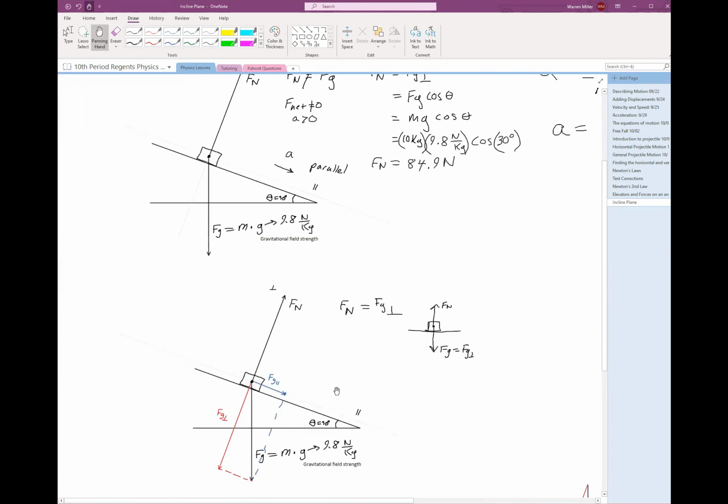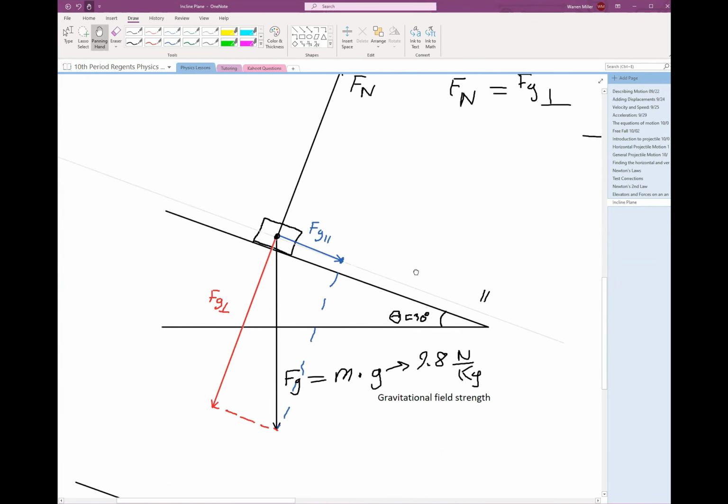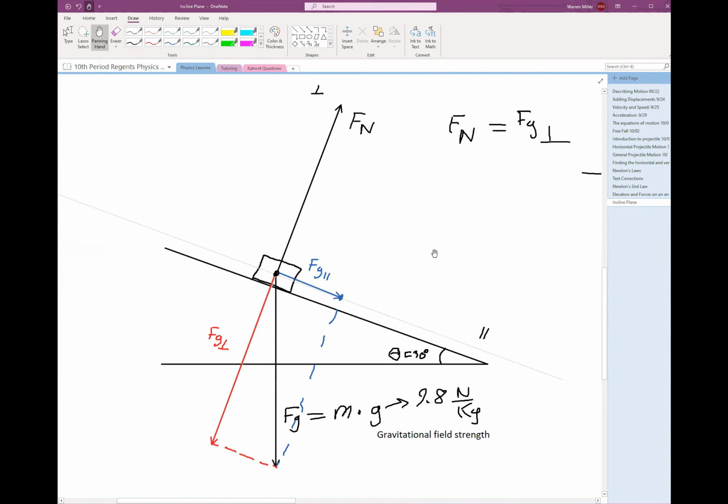Let's look. Which arrow in this picture is not balanced by something on the other side? Someone I haven't heard from today. Let's go with Pauline. Which one is not balanced? I'm not sure. Okay, if you look at those arrows, which one doesn't have an arrow on the other side canceling it out?